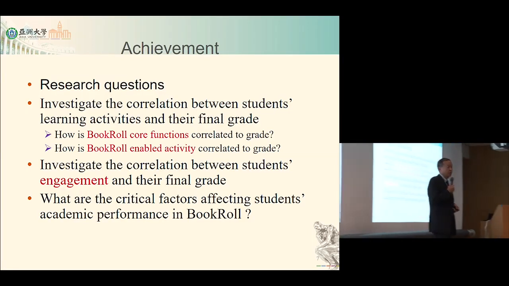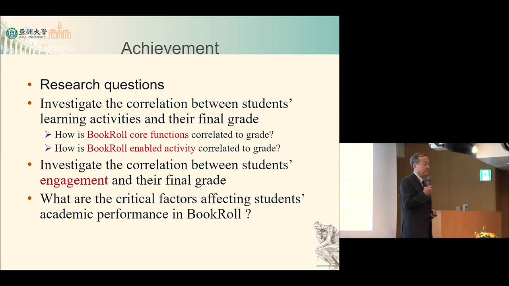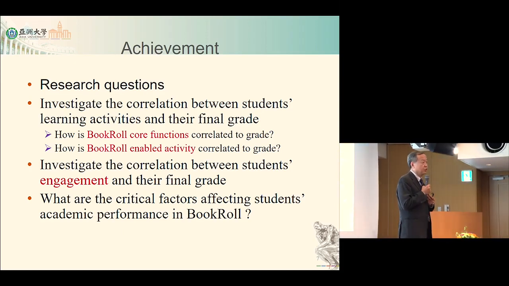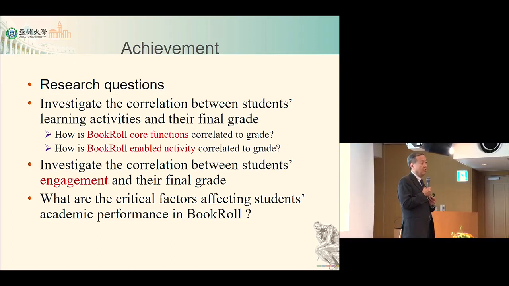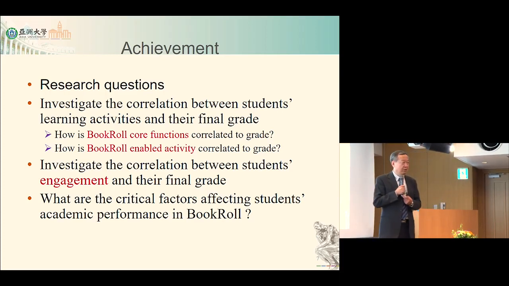Now, I'd like to talk about our achievement. According to the 89 courses, the tracing logs of BookRoll, our professors are working very hard and putting a lot of effort into solving the following research questions.